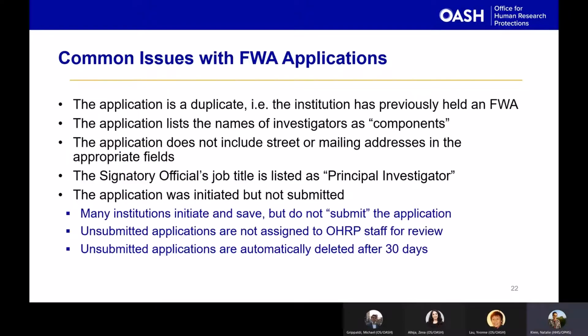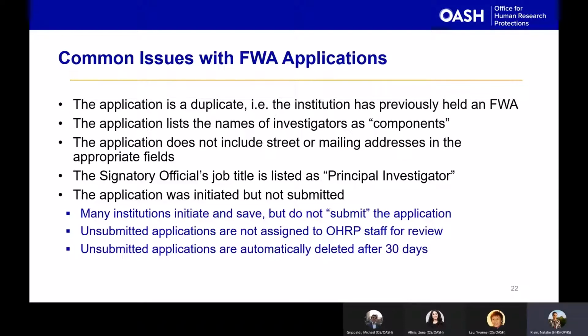There are several common issues that cause delays for institutions seeking an FWA, so these should be avoided through appropriate preparation and coordination. Common issues include duplicate applications for institutions that already hold an FWA, inclusion of the names of individual people rather than organizations in the component section of the application, and missing street or mailing address information.